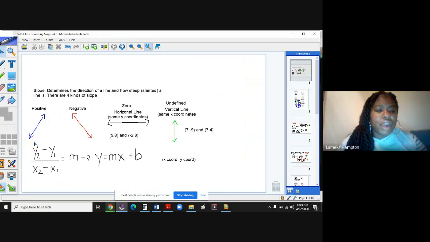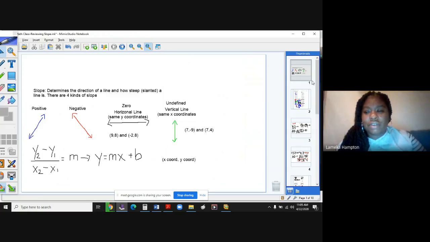The further right we go, the higher our line goes, or it increases. So that means we have a positive slope.